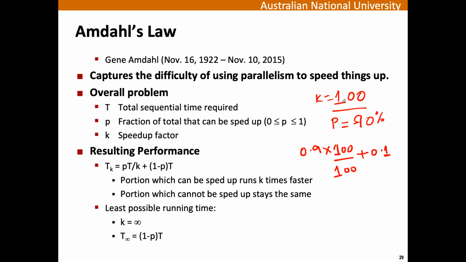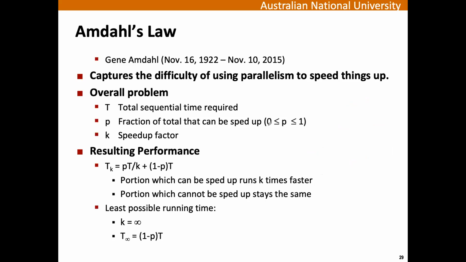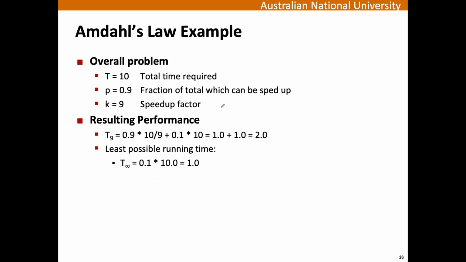This should be 10. So the total time required is 10. This is the fraction of time that you can speed up. Sorry, this is the speedup factor. So what you get is 2. And the least possible running time is 1. So the best speedup you can get is 10.